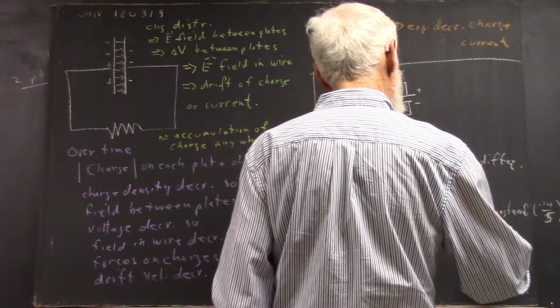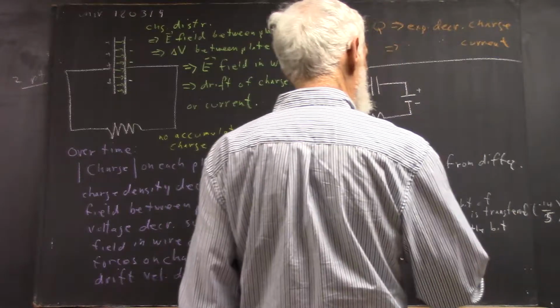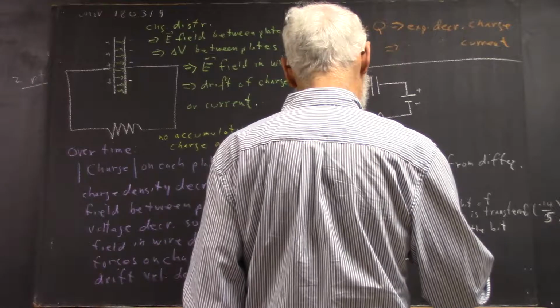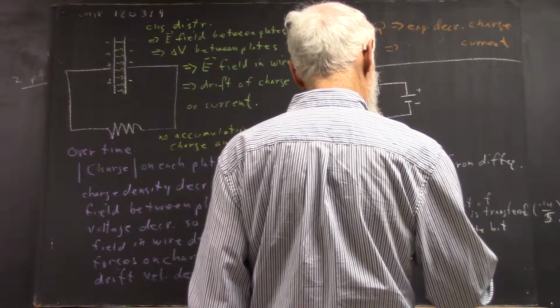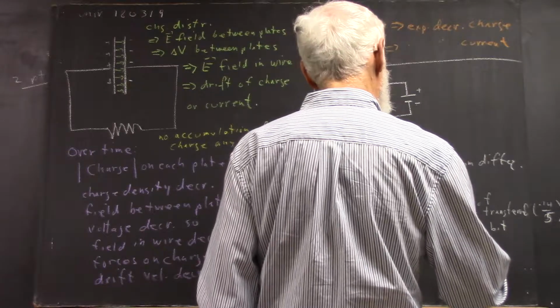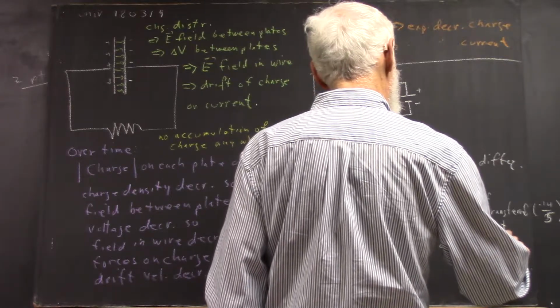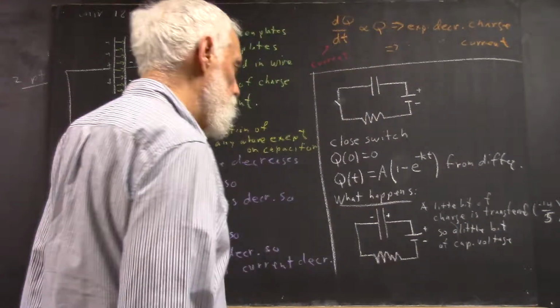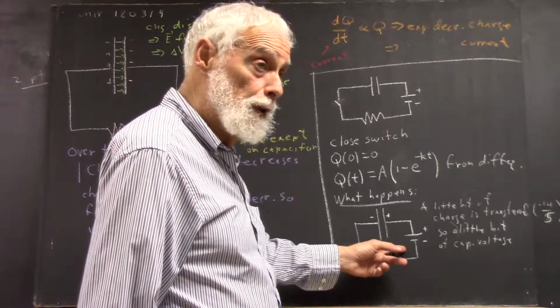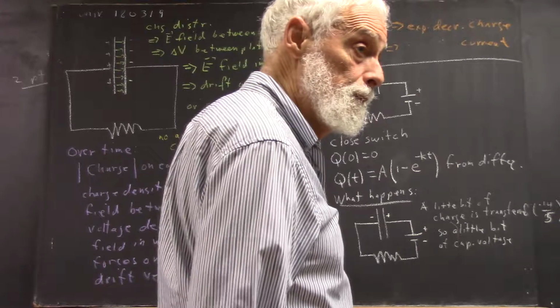So a little bit of capacitor voltage does what? The capacitor voltage is opposing the voltage of the source, right?